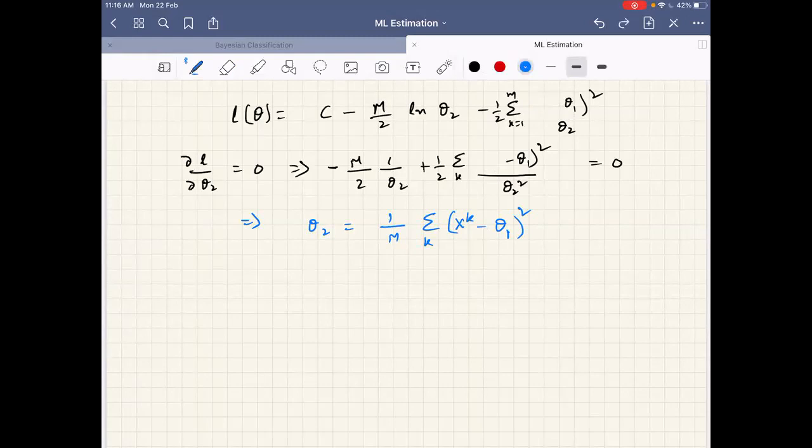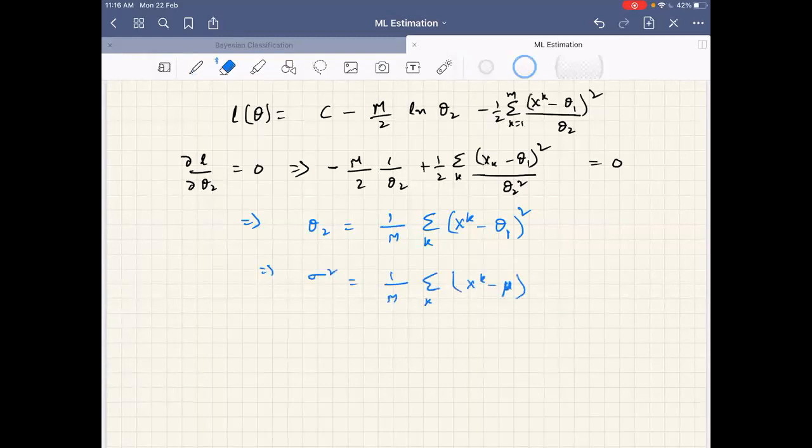What is the result I got finally? It's the variance of all the samples, the sample variance. So the variance I found, written in terms of the actual quantities, is sigma square equal to 1 by m of the summation of x k minus mu, whole square.